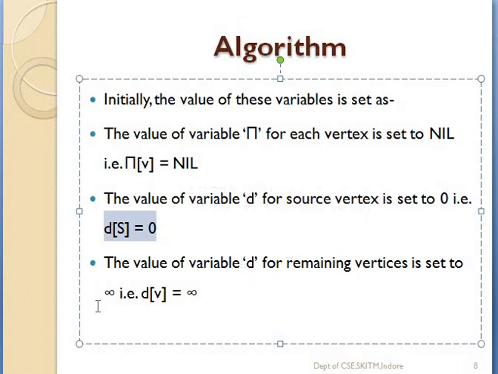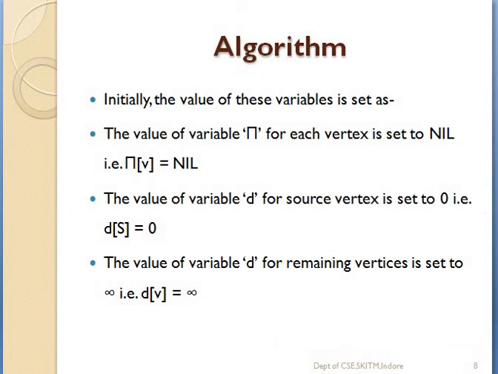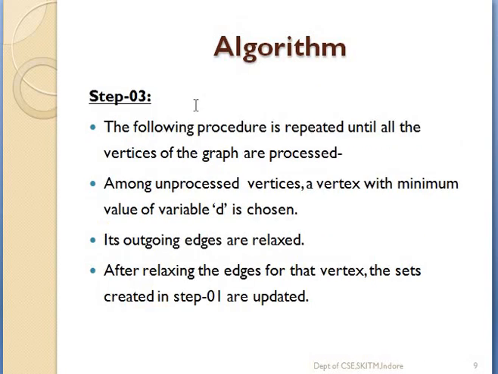For the remaining vertices, which are not directly connected, we specify infinity. That clearly indicates that the node is not visited, and right now we do not have the shortest path to that particular node.